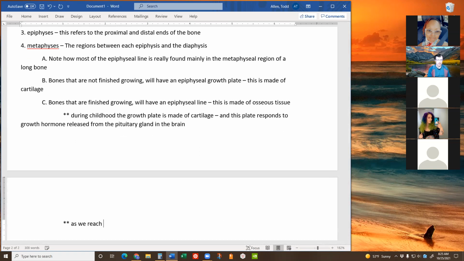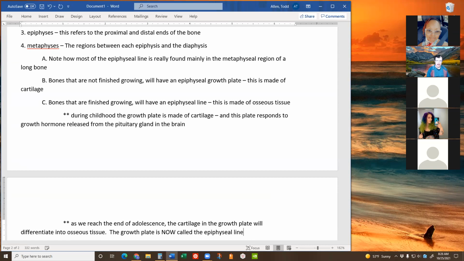As we reach the end of adolescence, the cartilage in the growth plate will differentiate into osseous tissue. The growth plate is now called the epiphyseal line.